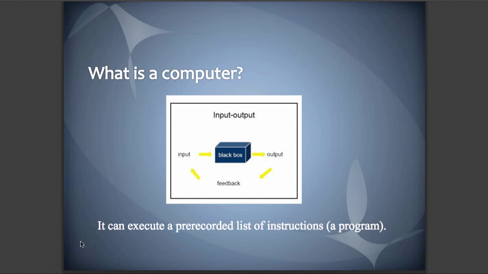A computer is something that has a CPU in it, called a central processing unit, some kind of memory with stored instructions, and some kind of output. Your phone, of course, is a computer. You can think that your cars have computer systems inside of them.